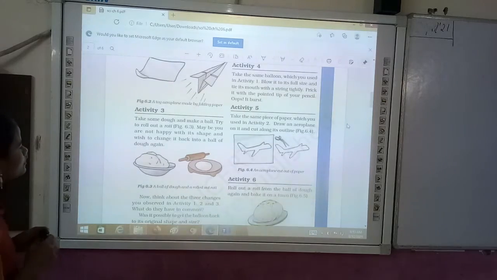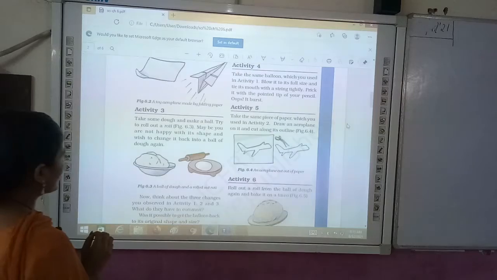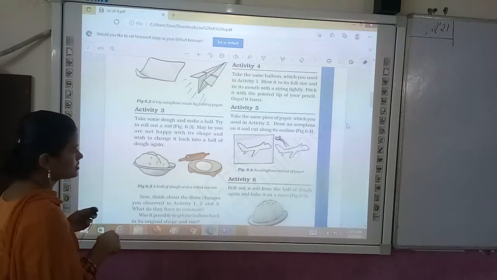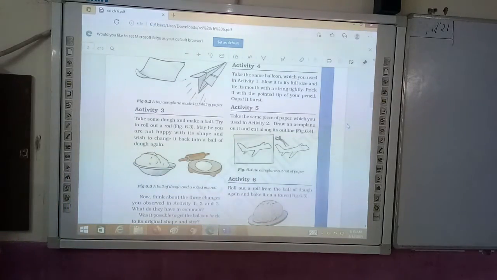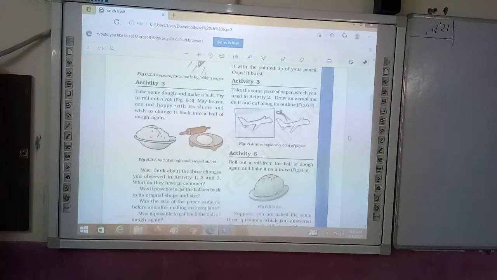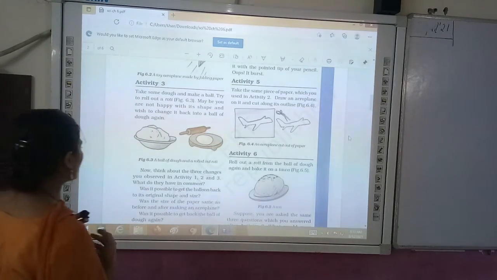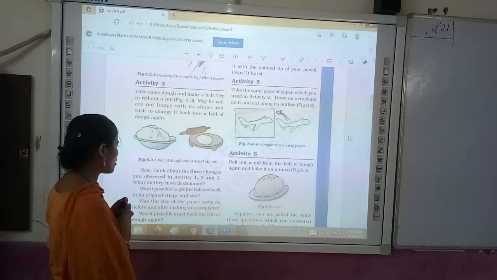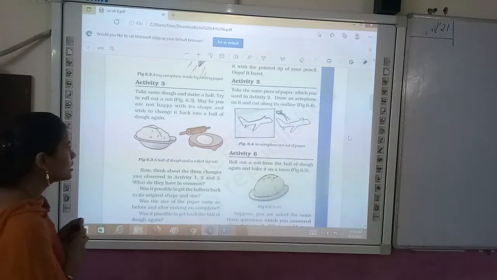So what you can do, you just make a ball again and then you start rolling. Start rolling and make a roti. रोटी नहीं पसंद आएगी, गोल नहीं है, आप क्या करोगे, फिर से उसका बॉल बनाओगे, फिर से नया शेप दोगे.